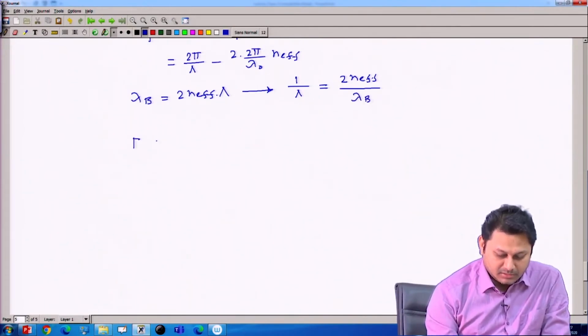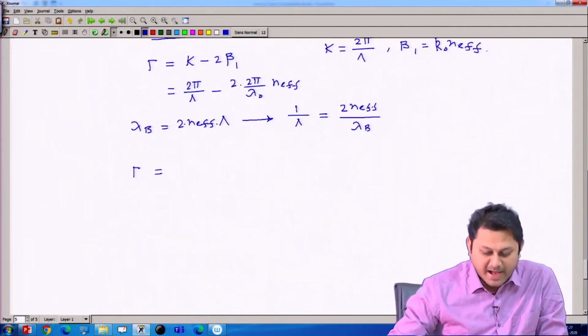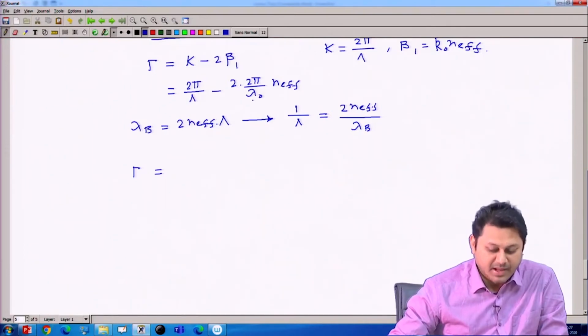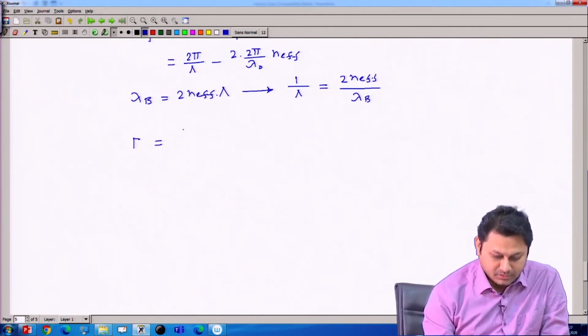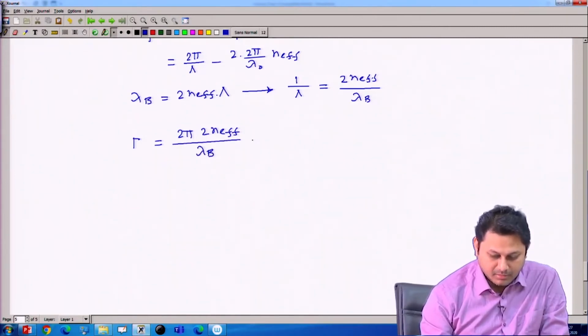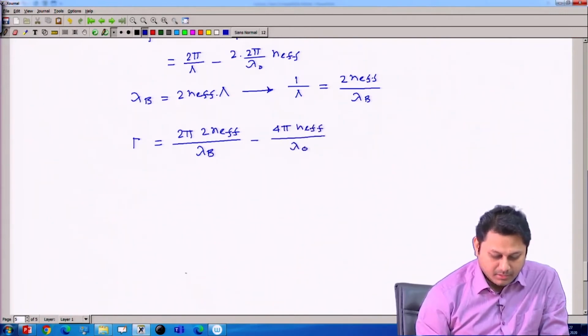My gamma in terms of the Bragg wavelength lambda b and the operating wavelength lambda 0, the wavelength I am launching into the system, I can write as 2 pi times 2 n effective divided by lambda b, minus 4 pi n effective divided by lambda 0.